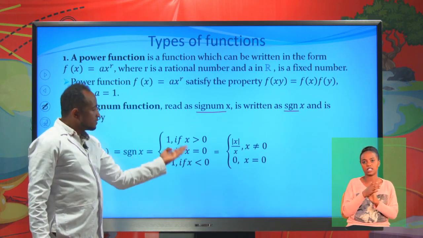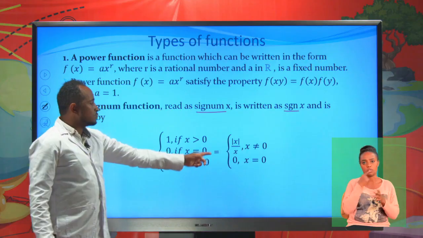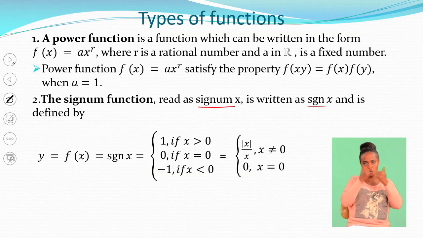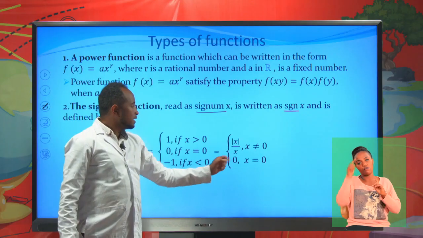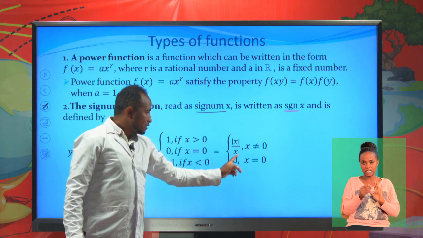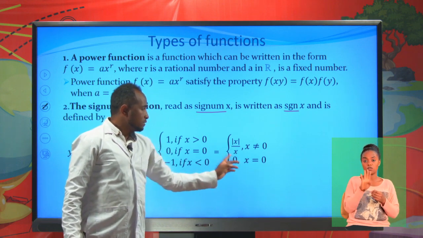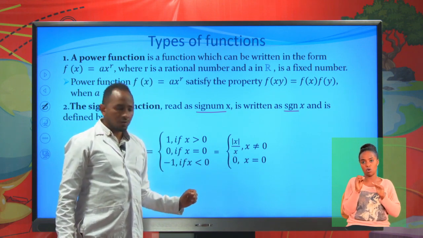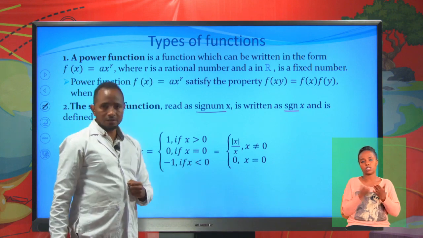Or this is equivalently written in this form, absolute value of x over x for x different from 0. Absolute value of x over x for x different from 0 gives you 1 for positive numbers, negative 1 for negative numbers, and in addition to this we have 0 for x equal to 0. Therefore these two are equivalent.